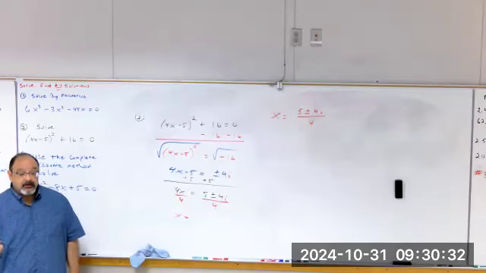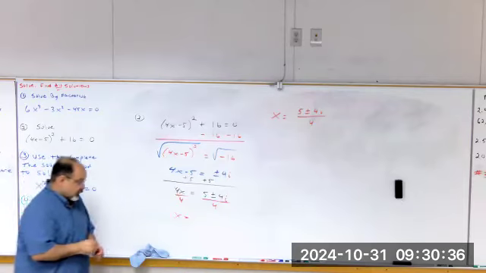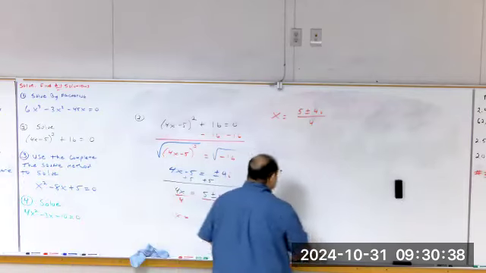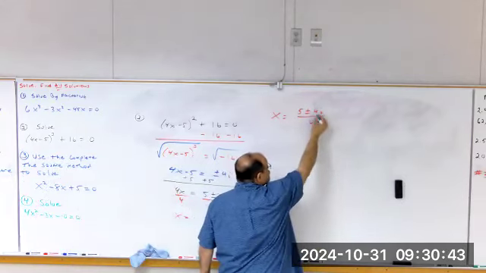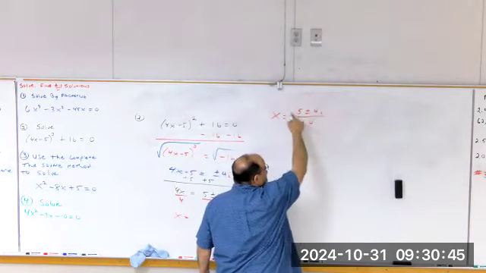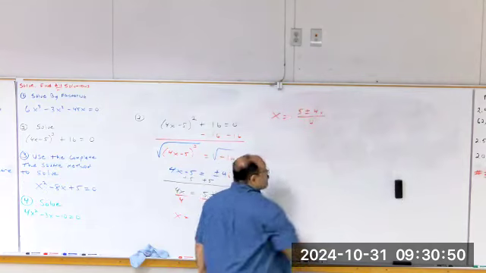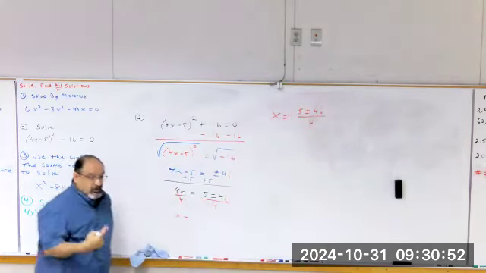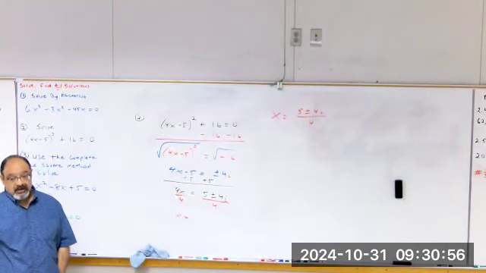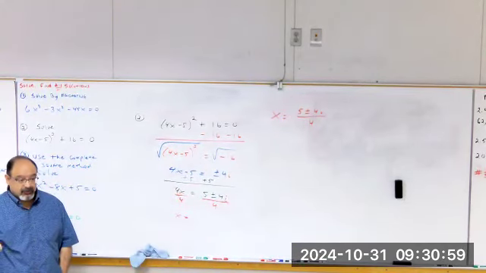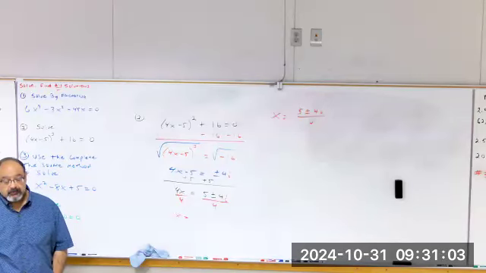If I can factor and reduce something, I need to do that. Here's what you don't want to do. Don't think you can just cross the 4 off. You can't just cross off the 4 because you have to have a common factor for all 3. So to simplify this, you either need to factor first, then reduce, or here's the safe way: split the fraction, then reduce the individual parts.